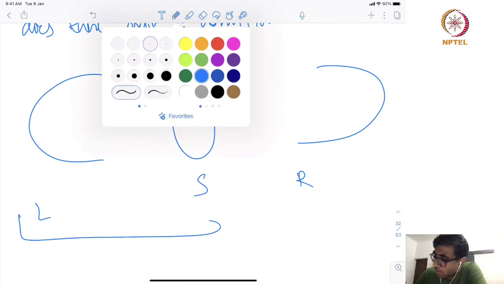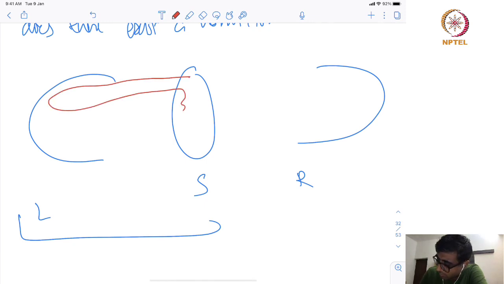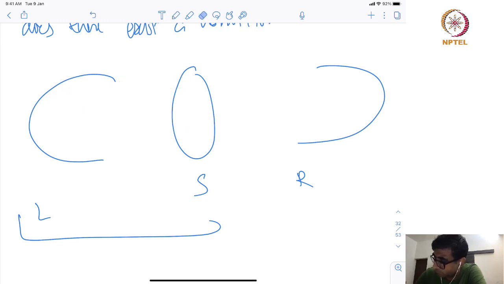Now, look at any Hamiltonian cycle. How could a Hamiltonian cycle look? A Hamiltonian cycle touches every vertex. Maybe it comes like this, like this, like this, passes, okay, maybe, okay. I don't want to draw such a nice picture.